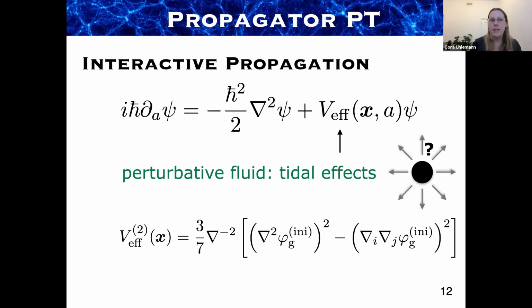And as I said, this potential can be computed from perturbation theory, and we can see here that while it vanishes at first order, the second order encodes some kind of tidal effects. So you see differences between second derivatives of the gravitational potential here. And interestingly, this effective potential is actually time independent at second order in perturbation theory.